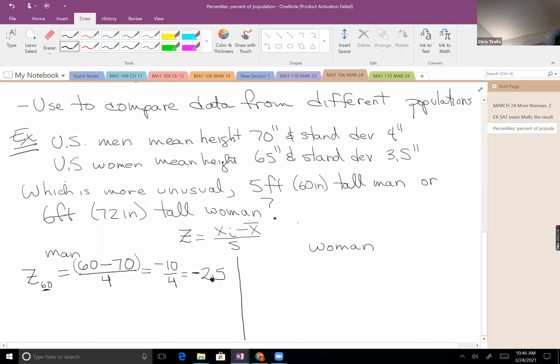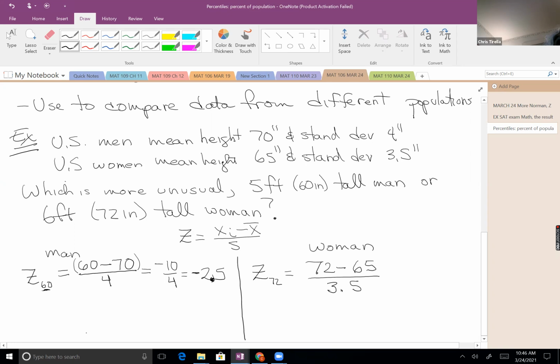Now, this woman is 72 inches. So now we want to find the z-score for 72, but because it's a woman, we have to use her population. Her population has a mean of 65, and her population has a standard deviation of 3.5.